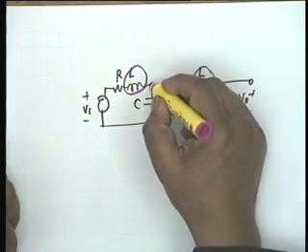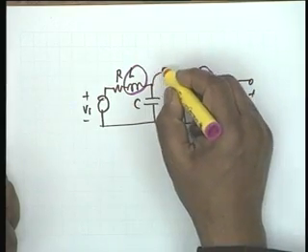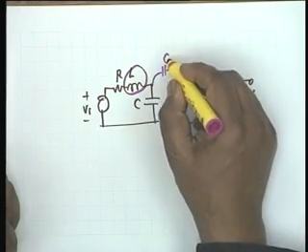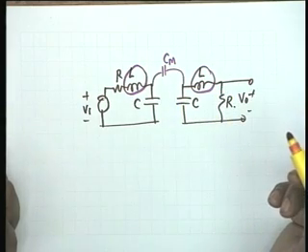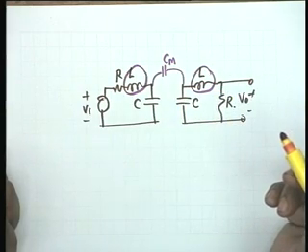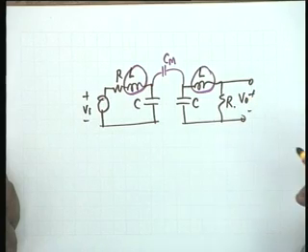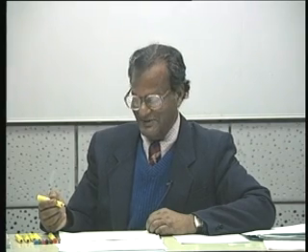But suppose we connect a small capacitor between the two. Alright, will there be a voltage here? I am appealing to your common sense. So VI is DC or sinusoidal?